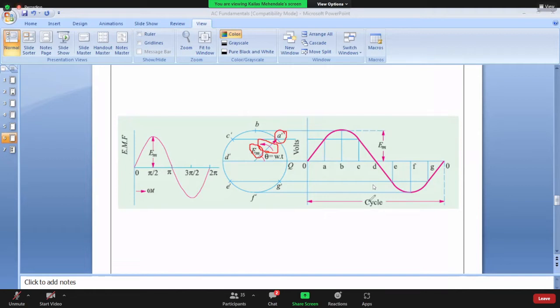Then on this axis we depict one complete cycle, and we can take any scale. It has been divided into 4 equal intervals for the half cycle and 4 intervals for the other half cycle.